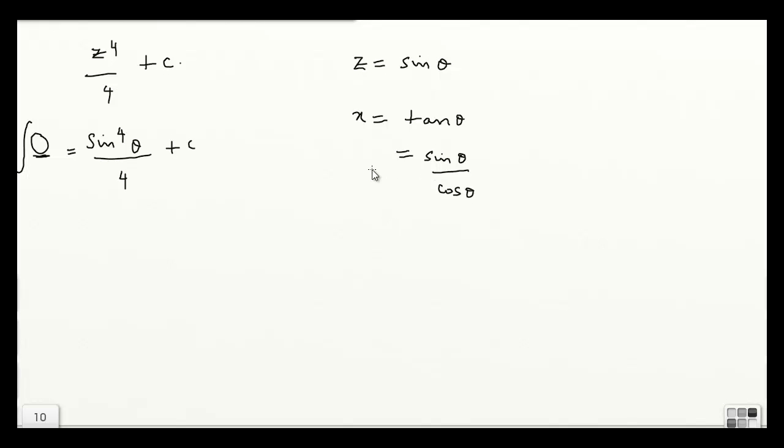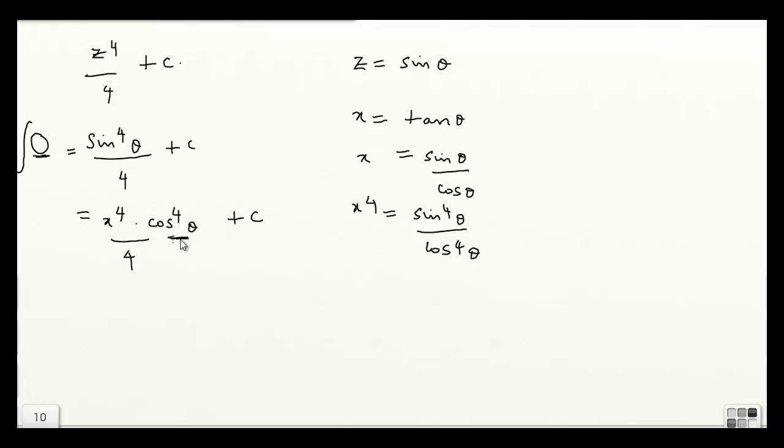So x to the power 4 would be sine to the power 4 theta divided by cos to the power 4 theta. So we can substitute for sine to the power of 4 theta with x to the power 4 cos to the power 4 theta by 4 plus c.